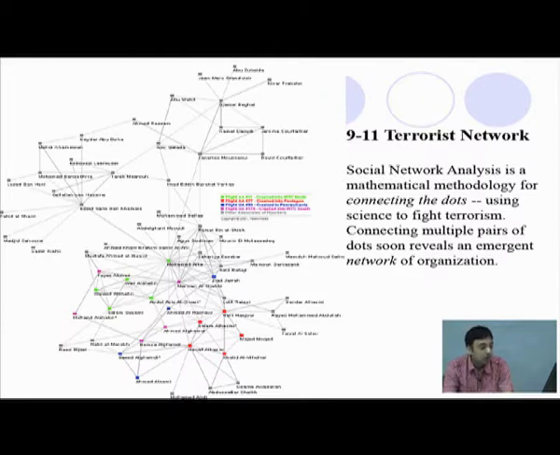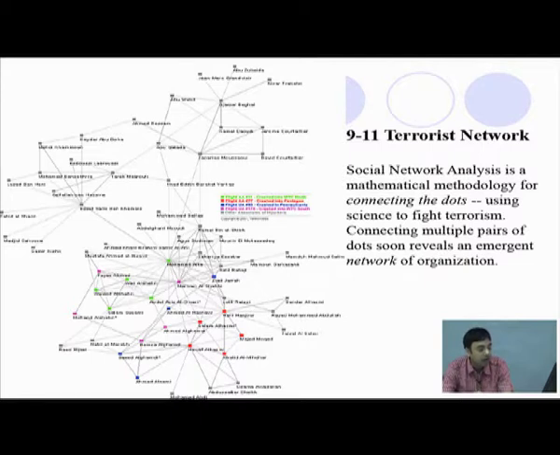This is the social network of the 9/11 terrorist attack. Each node in this network corresponds to a terrorist, and an edge corresponds to a telephone call that one terrorist made to another terrorist. This is the trace of those telephone calls.